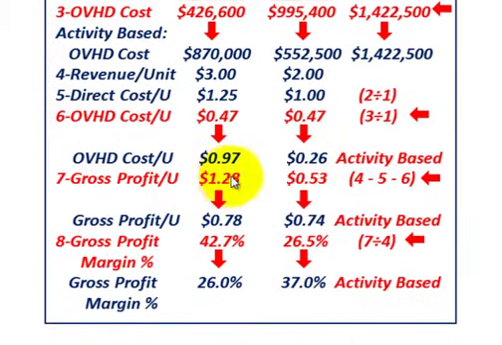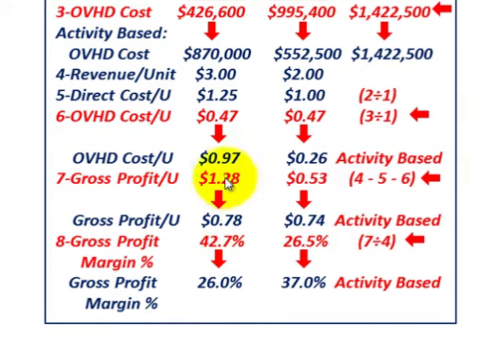And then for gross profit per unit, that was our revenue per unit minus our direct cost per unit minus our overhead cost per unit, 4 minus 5 minus 6. So our gross profit per unit for product A is $1.28, and for product B, 53 cents. Based on our activity base, our gross profit per unit would have been 78 cents.